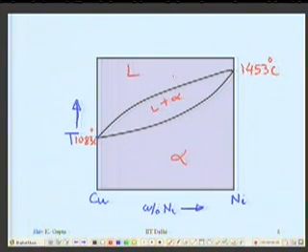In this diagram, I have only two lines. One is this line, which I call liquidus.